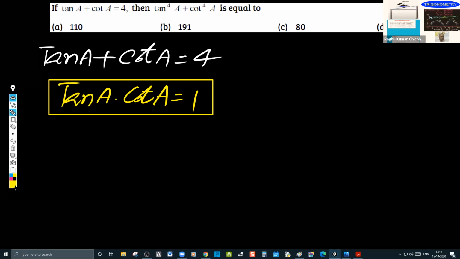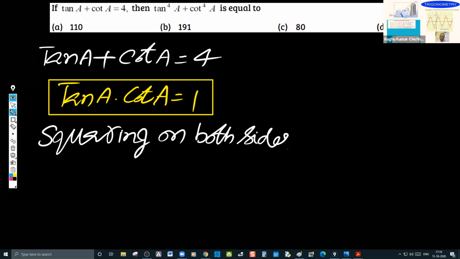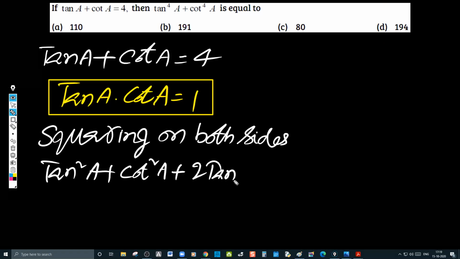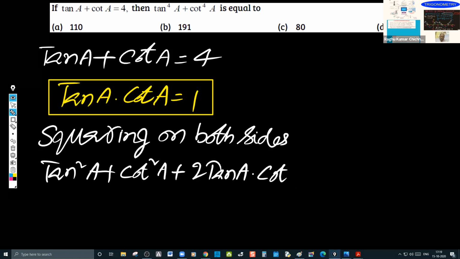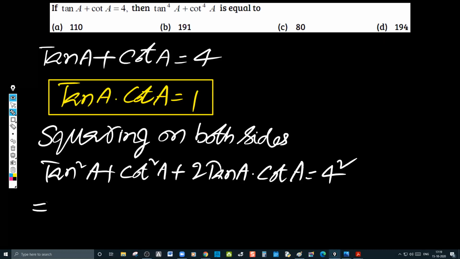Now, what is to be done first to get power 4A directly? It may not be possible. So that is why let us square it now. Squaring on both sides. Tan square A plus cot square A plus 2 tan A cot A is equal to what? 4 square, 16.